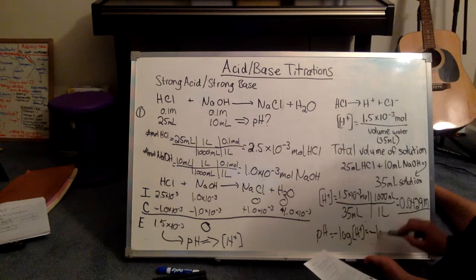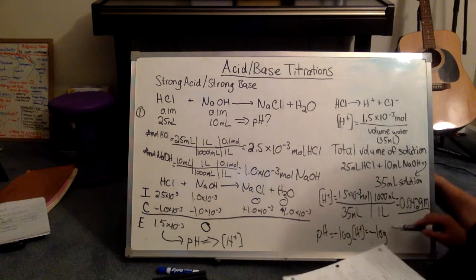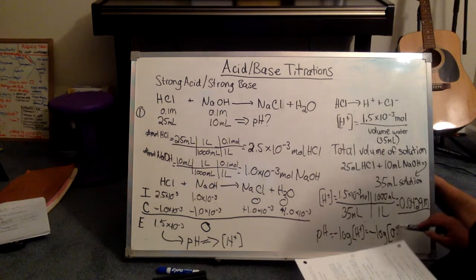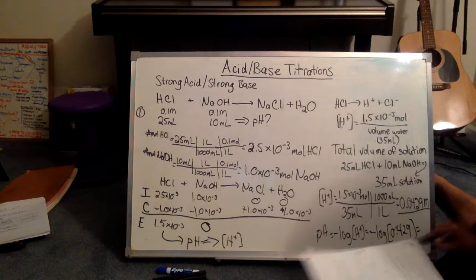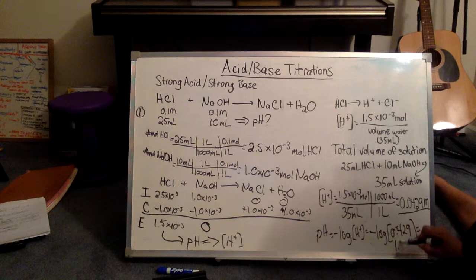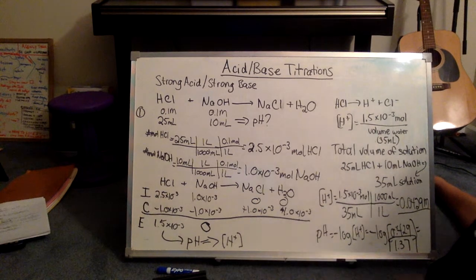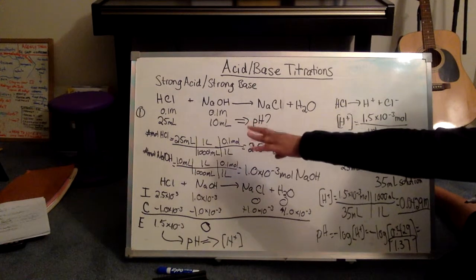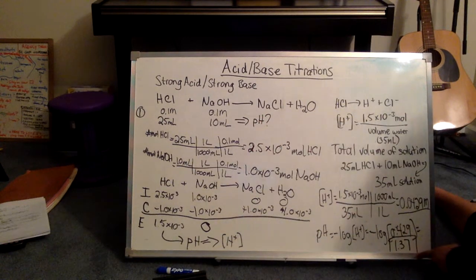The negative log of 0.0429 is equal to a pH of 1.37. So after this titration of strong acid with strong base, we find that we get a pH at the end of 1.37.